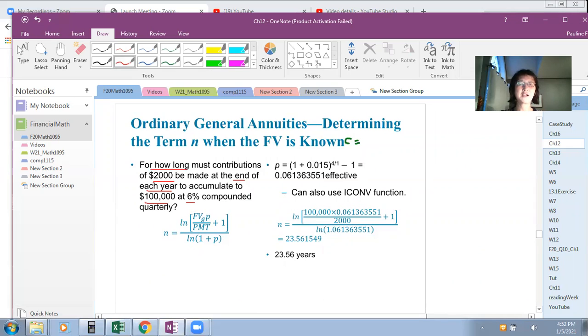So for how long means what is the term N? Contribution of 2,000 each year. 2,000 is PMT. At the end means this is ordinary annuity. Ordinary means at the end.